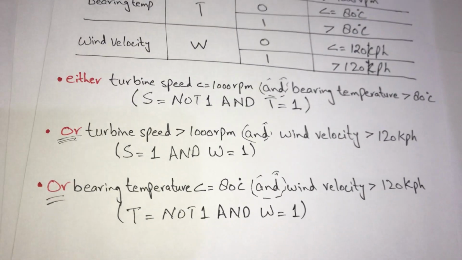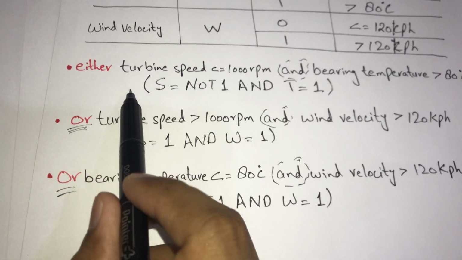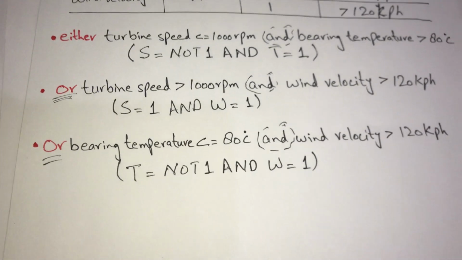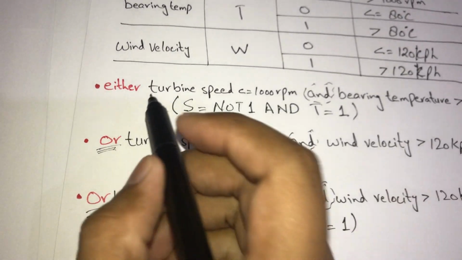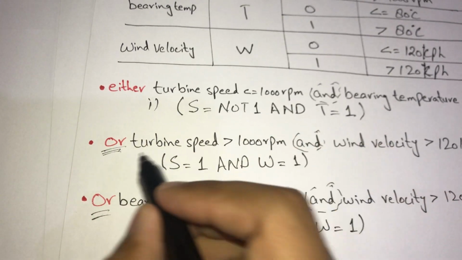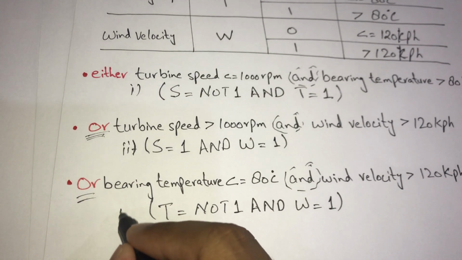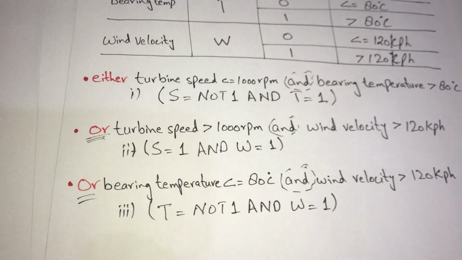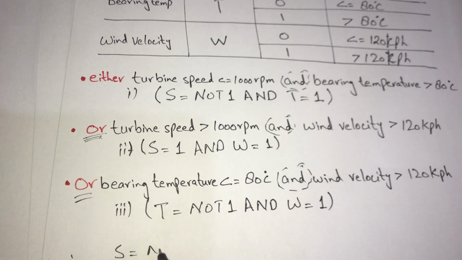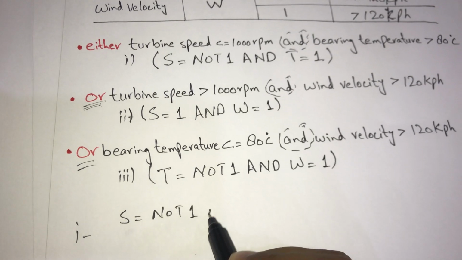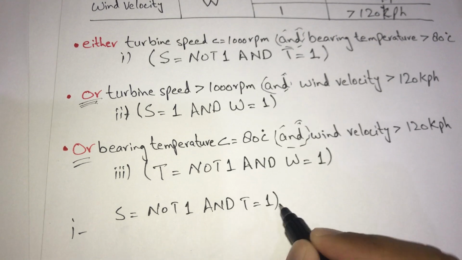Now we will construct the truth table for each of the logical statements separately, then we will combine them together. So for this, that is 1, that is 2, that is number 3. For 1, that is S is equal to not 1 and T is equal to 1.